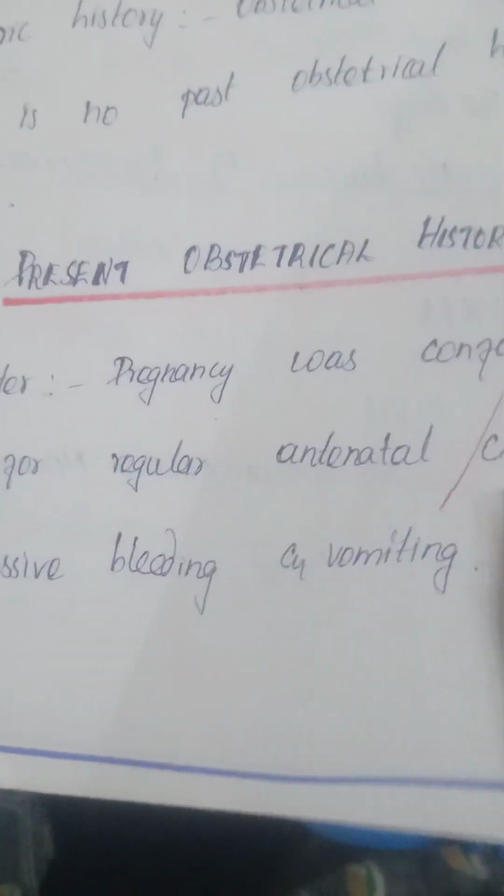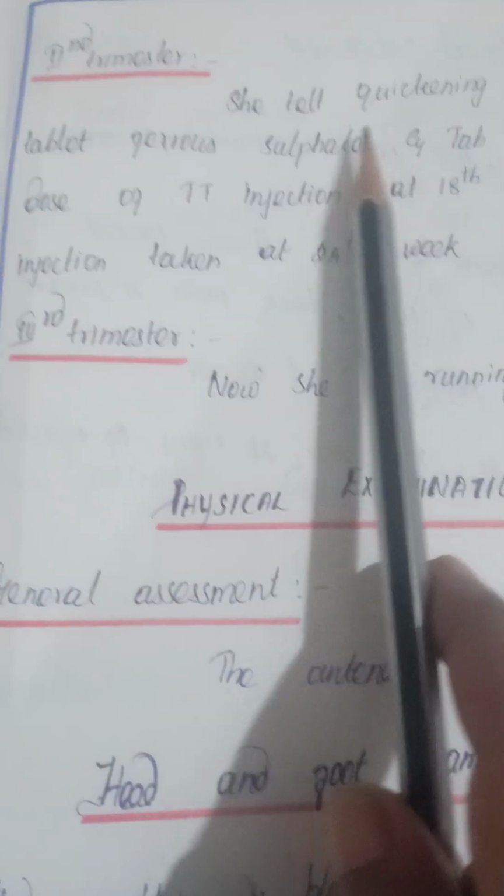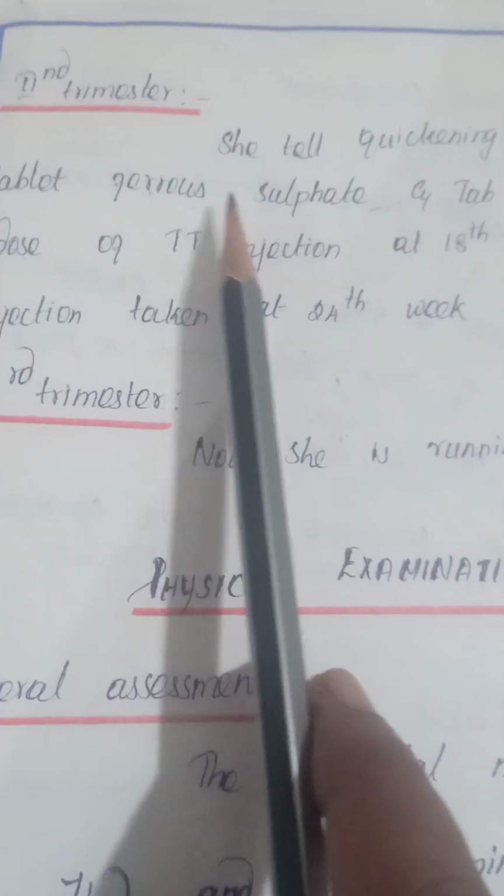Then present obstetrical history, first trimester, pregnancy was confirmed by urine test. She went for regular antenatal checkup. There is no history of excessive bleeding and vomiting. Then second trimester, she felt quickening at 20th week. She was taking tablets of ferrous sulfate and calcium, the iron and calcium tablets.